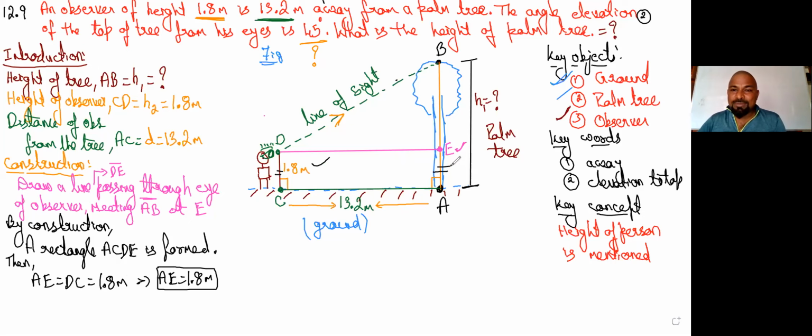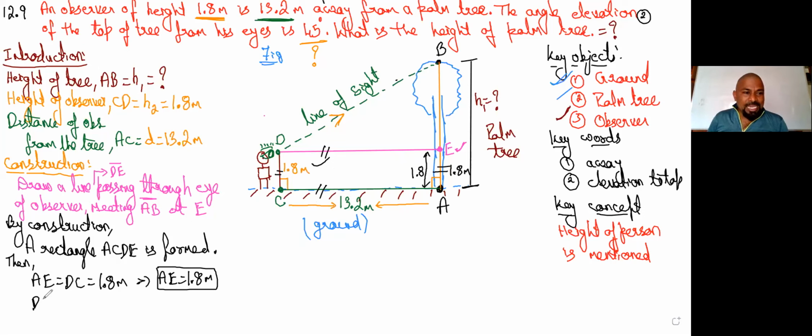So this becomes 1.8 meters. What is 1.8 meters? From A to E is 1.8. Clear cut. Right. Now there is one more set of parallel lines in the rectangle. What is that one?